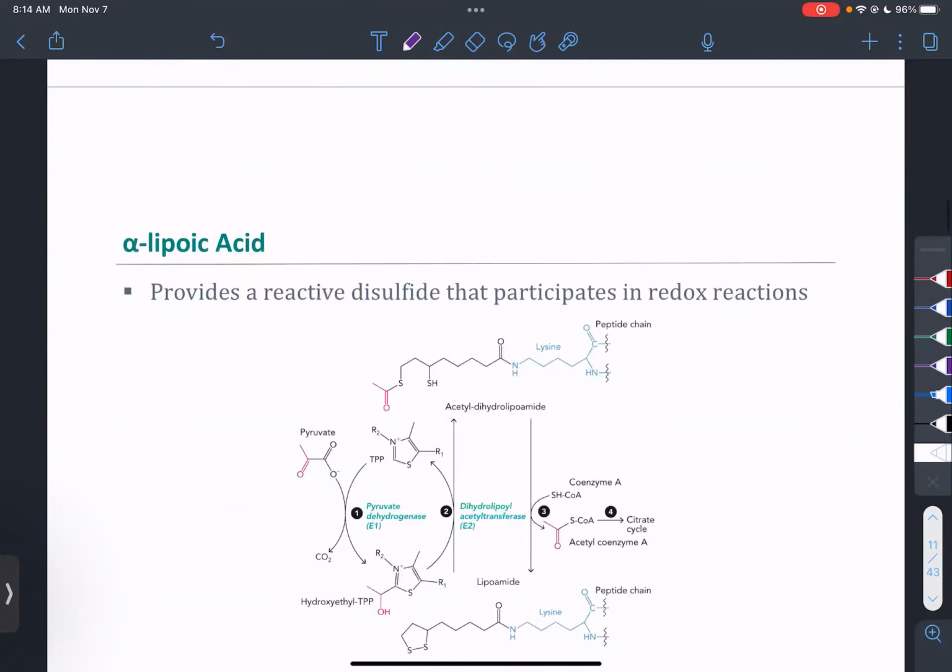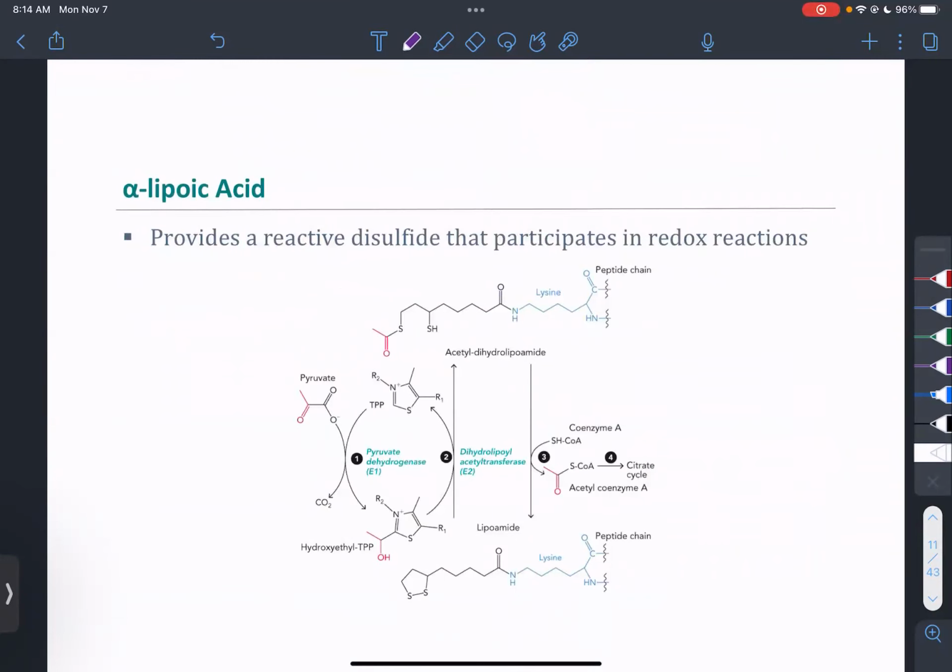All right. Next, we have alpha lipoic acid. And a lot of people also call this lipoamide, right? And this provides a reactive disulfide that is going to facilitate your redox reactions. So this is within the enzyme's active site, and we make it in both plants and animals.